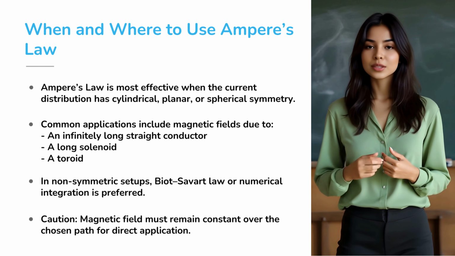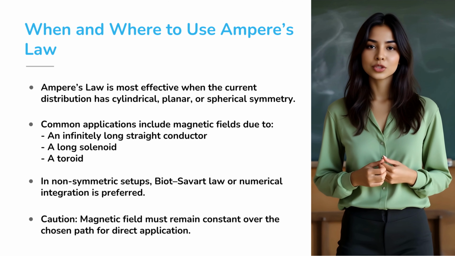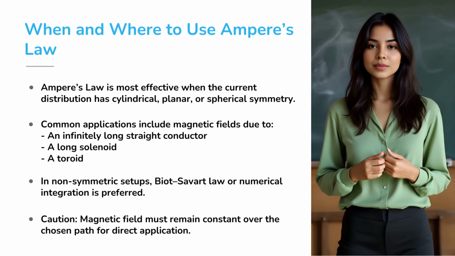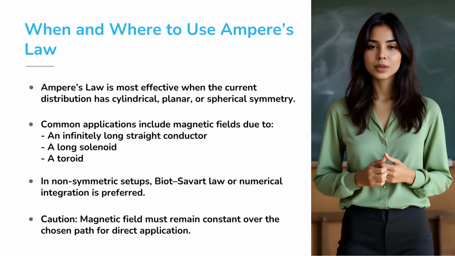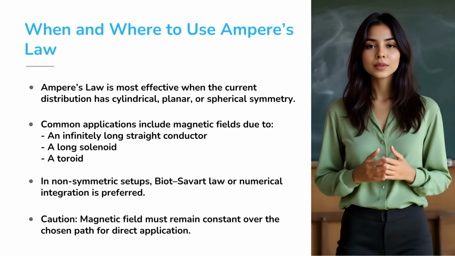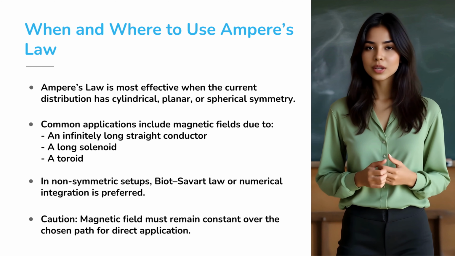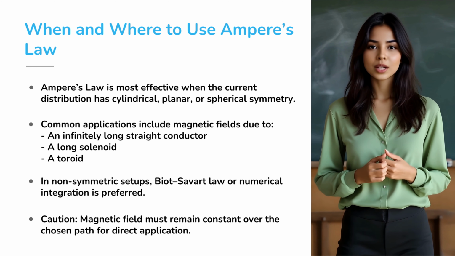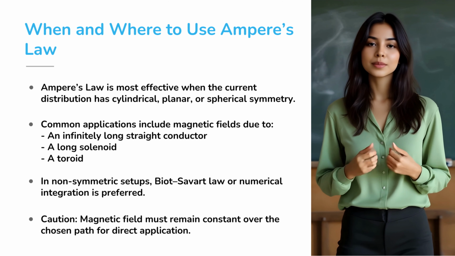But, and this is important, if the setup is asymmetric, Ampere's law becomes tricky to apply directly. That's when we shift to the Biot-Savart Law or more complex integrations. You can think of Ampere's law as the magnetic cousin of Gauss's law in electrostatics. Both thrive on symmetry and simplify our work when nature is tidy.